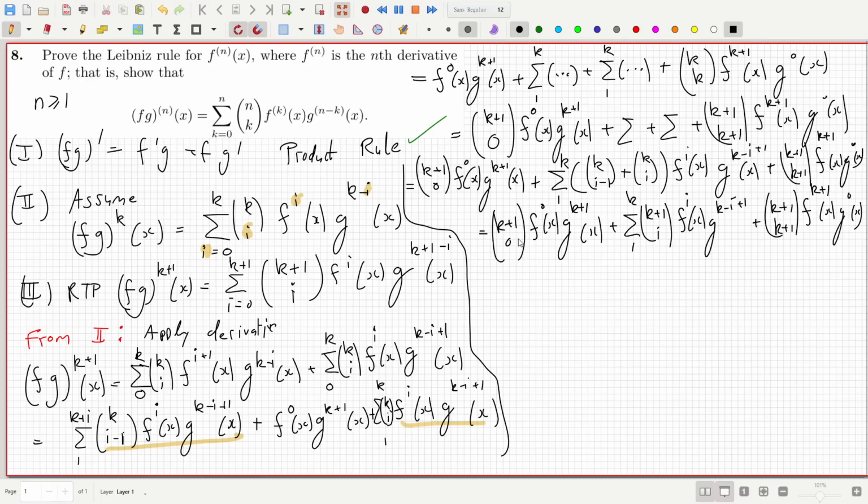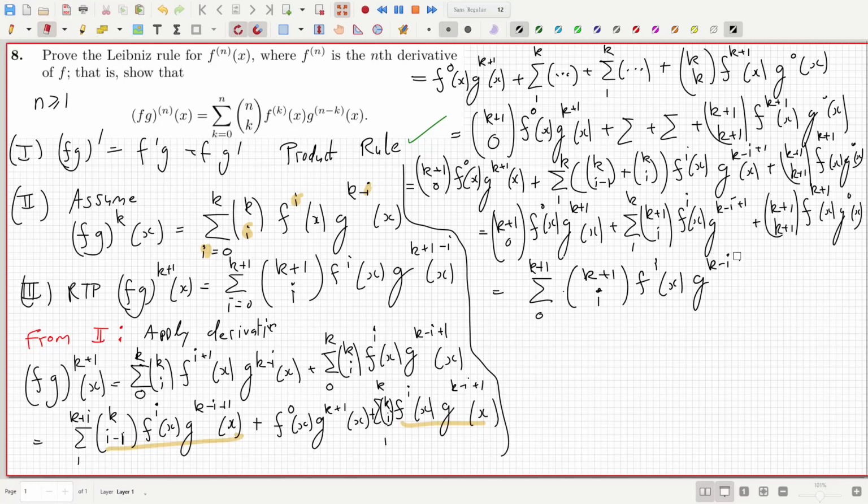So what's nice is that first piece and last piece can be incorporated into this summation. So that would be the sum from 0 to k plus 1, k plus 1 choose I, f I x g k minus I plus 1.